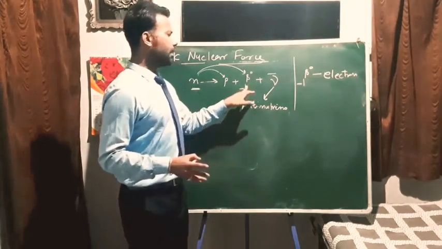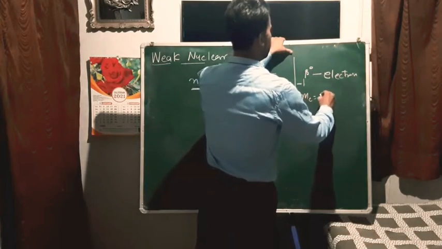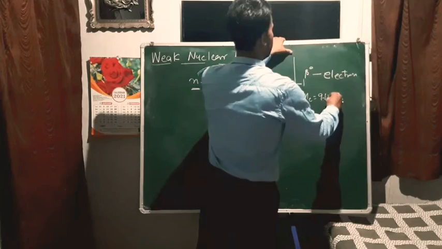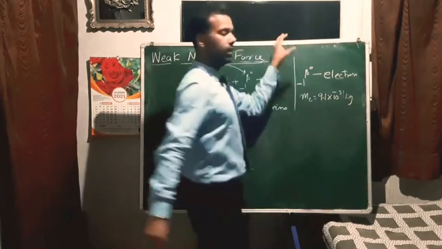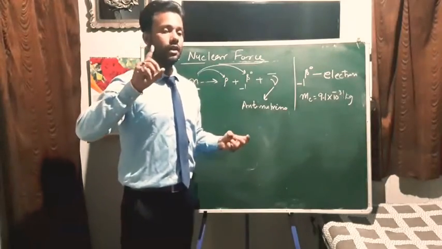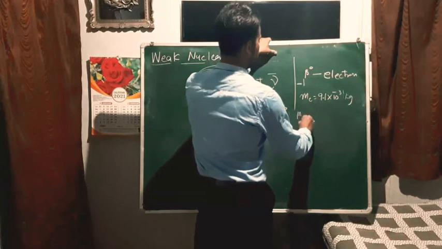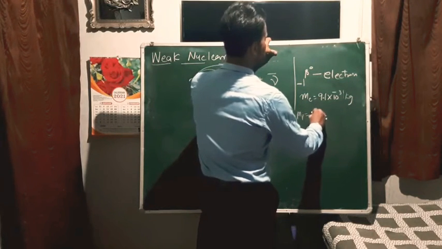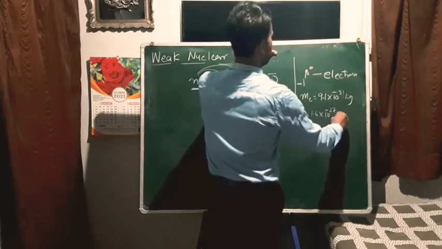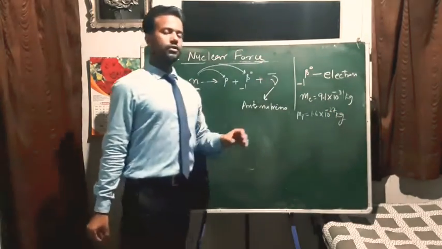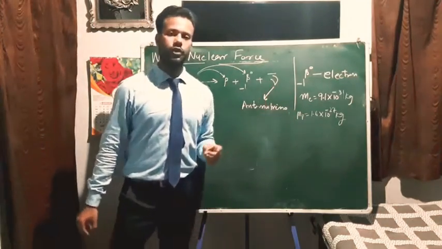The mass of the electron is also very small, 9.1 x 10^-31 kg. And the mass of the neutron and proton is approximately 1.6 x 10^-27 kg. So you can see that the mass of the proton is about 10,000 times heavier than the mass of the electron.